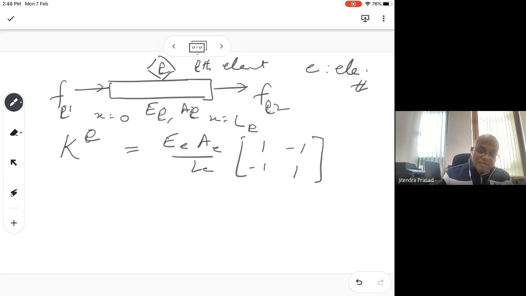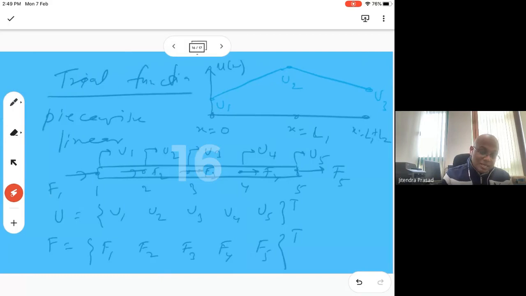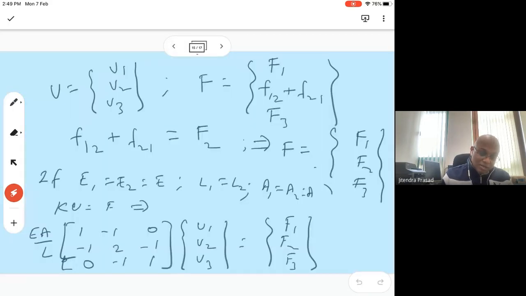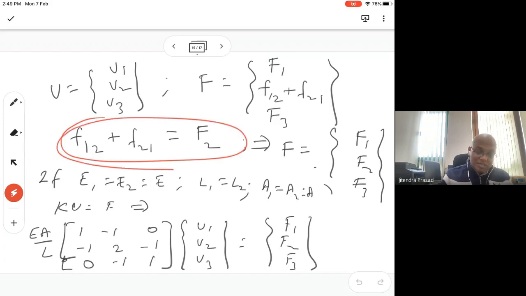When you assemble, you automatically get the big K, assembled from the individual K's. Mathematically it fits, as we have shown.